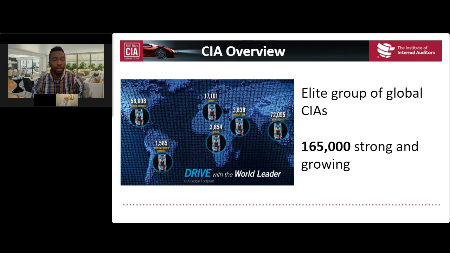Central South America is growing. Europe. So we're excited for you guys to prospectively join this group, but also understand that there is a very large network that you gain access to. So that's one of the benefits of being not only a CIA, but a part of the IIA as an organization.